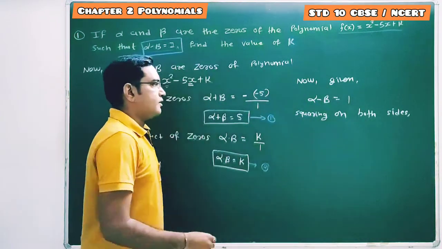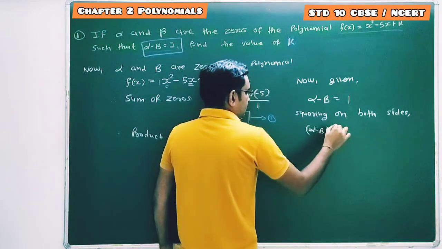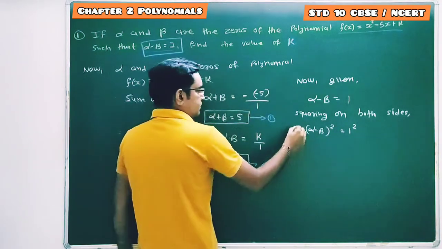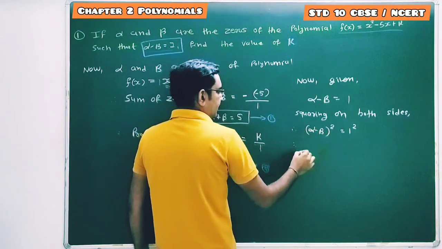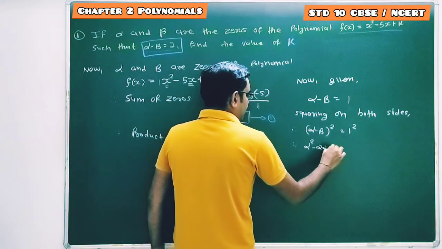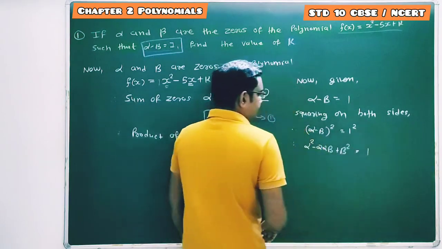So it will be alpha minus beta whole square, and this will be 1 square. What is the expansion? It's alpha square minus 2 alpha beta plus beta square equal to 1.